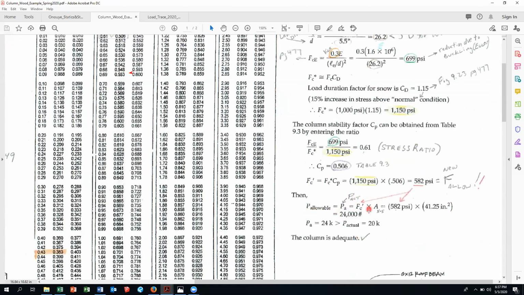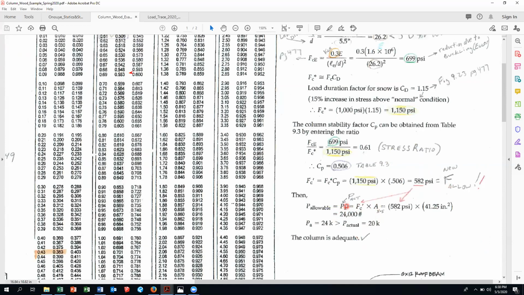We take this 582 times the cross-sectional area. So in essence, once we reduce the allowable stress, we go back and use the direct stress formula, which is stress equals load over area.